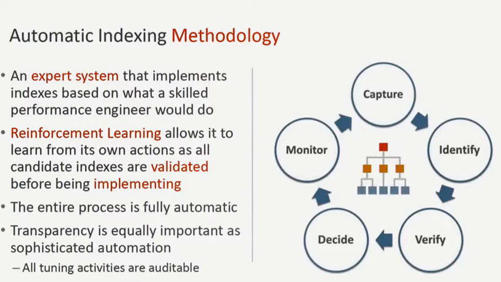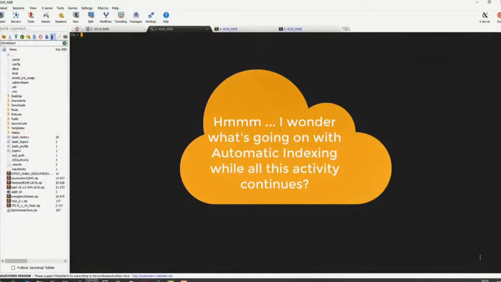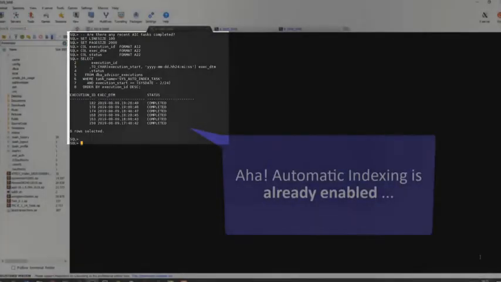First thing to understand is automatic indexing is a methodology. It's an expert system that uses reinforcement learning to determine which indices, secondary indices, might be valuable. But it doesn't implement them and actually create them until it actually proves it out. So let's take a look underneath the covers. First off, automatic indexing is already enabled on ATP-D.